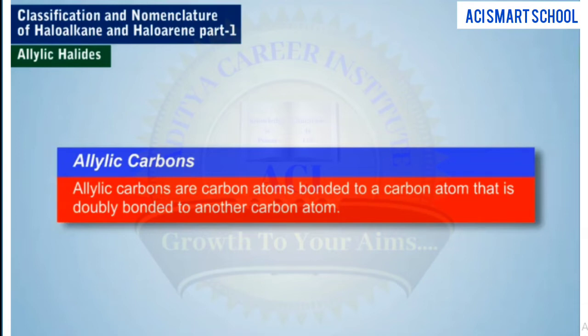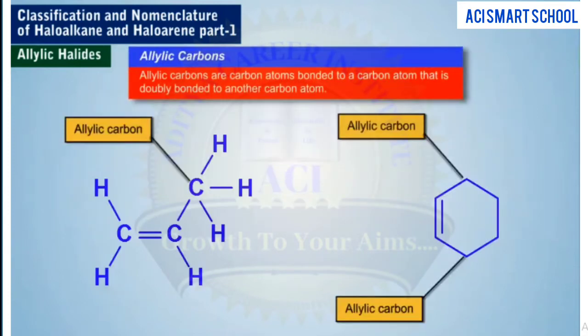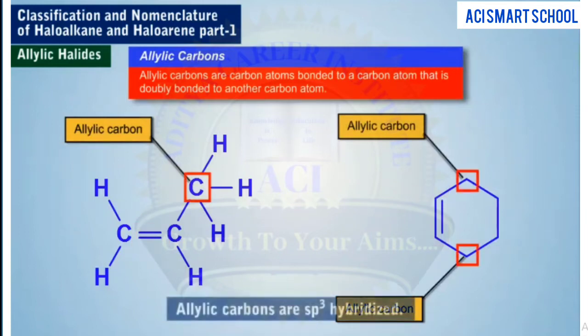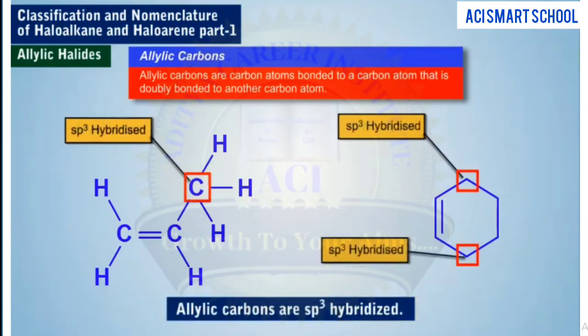Allylic carbons are carbon atoms bonded to a carbon atom that is doubly bonded to another carbon atom. As the illustration here shows, allylic carbons are one position away from a double bond. Allylic carbons are sp3 hybridized.